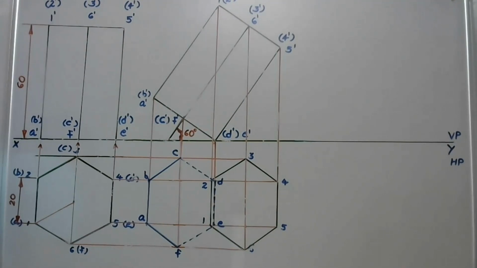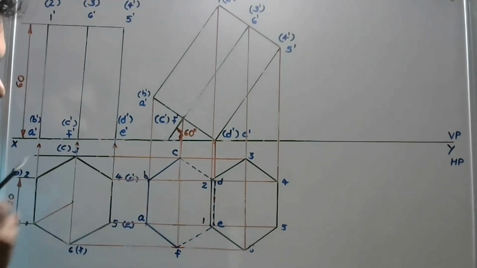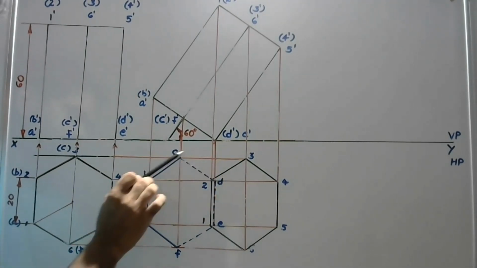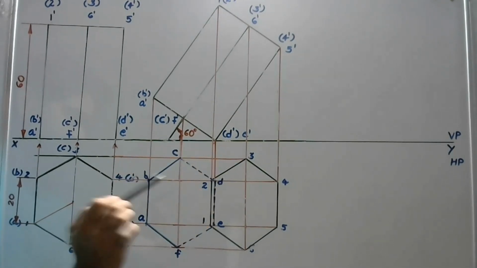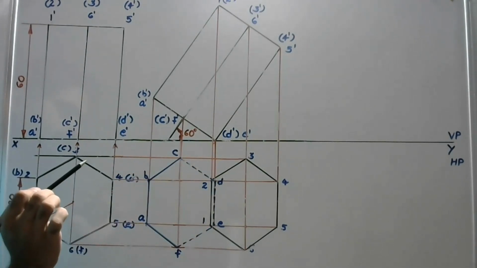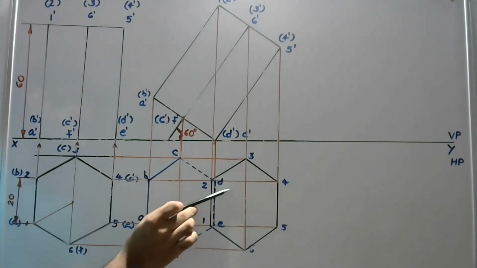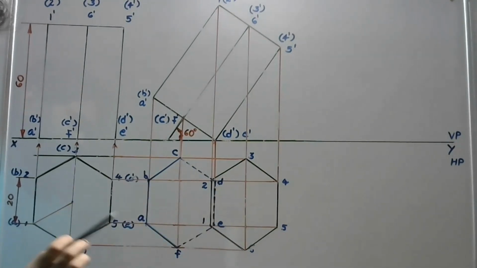After joining the base hexagonal points, we got 3 base edges which are invisible. Next, we can draw the lateral rectangles. CE is visible. C3 is visible. D4 invisible.